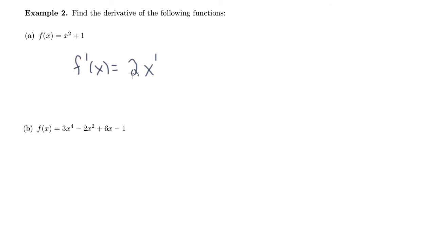So it's 2 times x to the 2 minus 1, which is just x to the 1. And then plus, I can use the sum rule. The derivative of 1, well, 1 is a constant, so that's 0. So the derivative is just 2x.